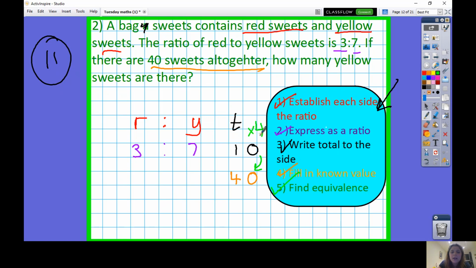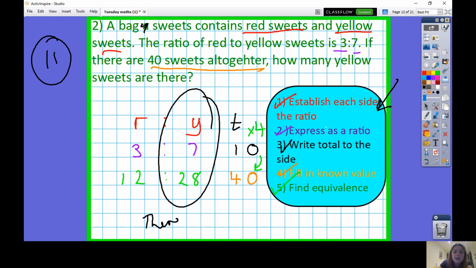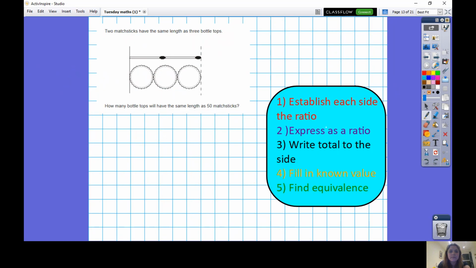I've times it by 4, times everything by 4 then. 12 and 28. Now, if you stopped there, you didn't actually answer the question. The question has asked you how many yellow sweets are there. So there are 28 yellow sweets. Well done if you got that.